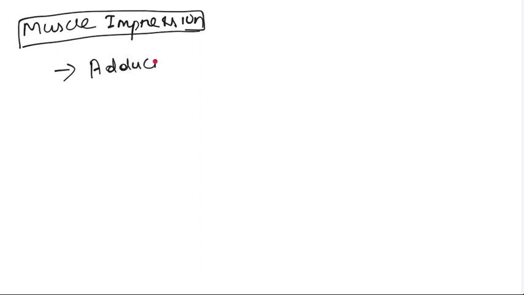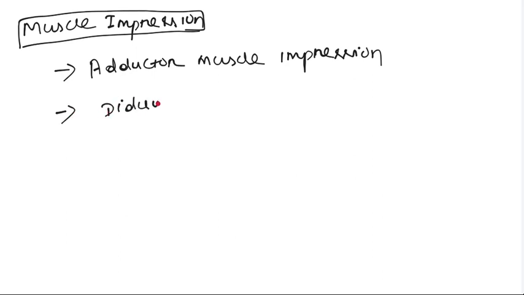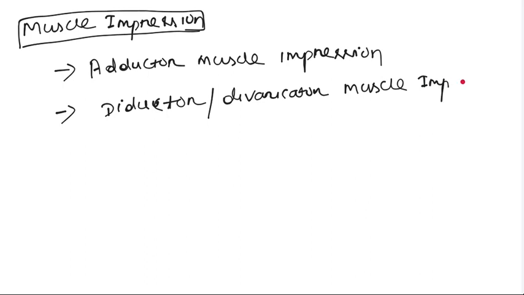One is adductor muscle impression, one is deductor, or you can say divaricator muscle impression, and then adjuster muscle impression.